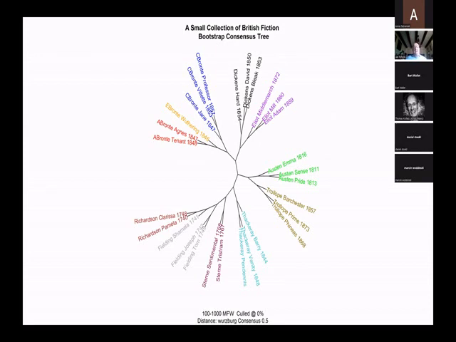And here we again see a separate branch for the Bronte sisters. We have a strong Victorian branch of Dickens plus Eliot. And we now have Fielding's Shamela parody exactly where we want it, right in the middle between Fielding's other writing and Richardson.